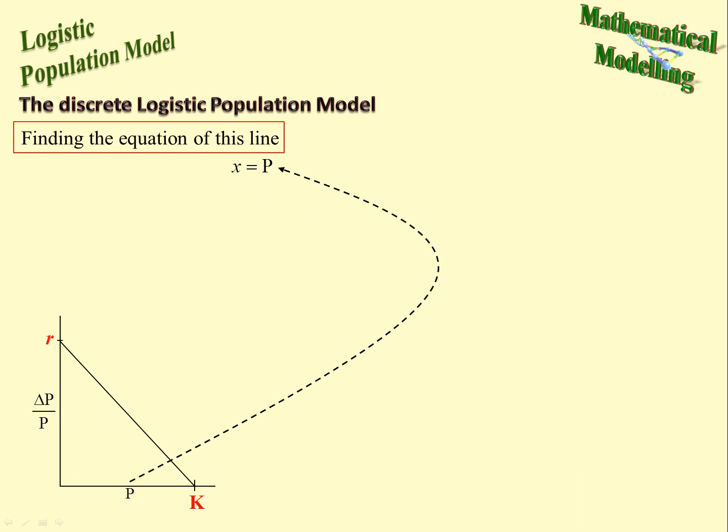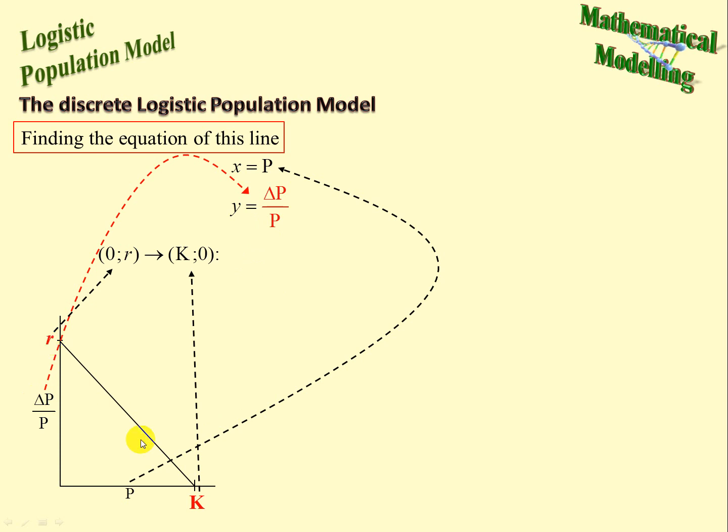So we're not going to talk about x, we're going to talk about P. We're not going to talk about y, we'll talk about delta P over P. The gradient of the line, well, the line goes from (0, r) to (k, 0), so we're going to use our formula y2 minus y1 over x2 minus x1, and we obtain the gradient of negative r over k. And the y-intercept is r. So now, there's the equation of the straight line, y equals mx plus c, and we're now going to substitute those values in.